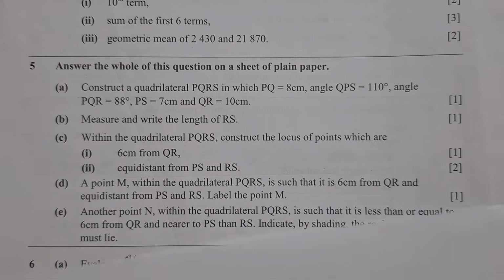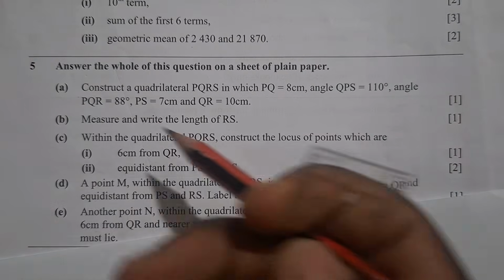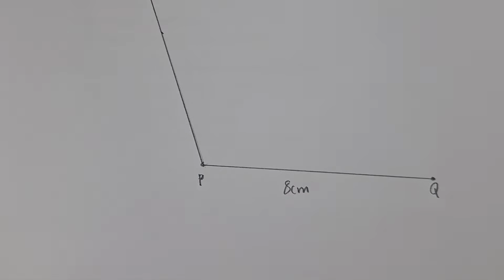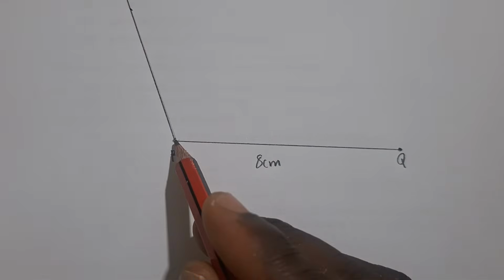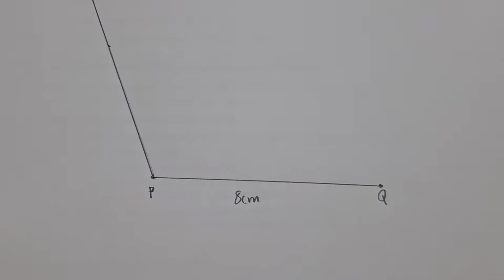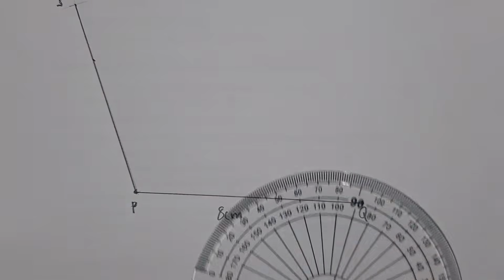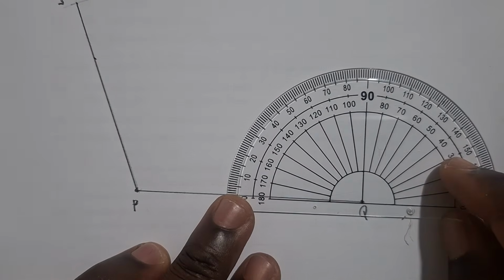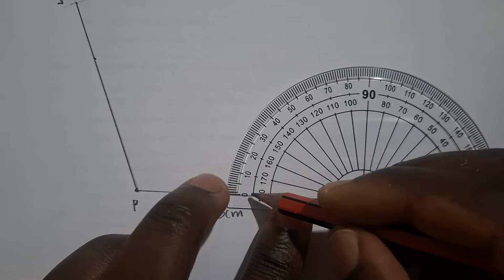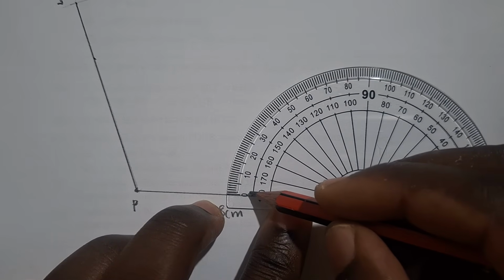So now from here, you shall measure angle PQR, which is 88 degrees. So PQR, we don't know where it is, but the angle at Q is 88. So get your protractor as usual, take it to the point, and then start following the upper scale, the scale which is starting from 0.